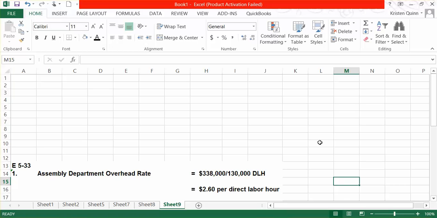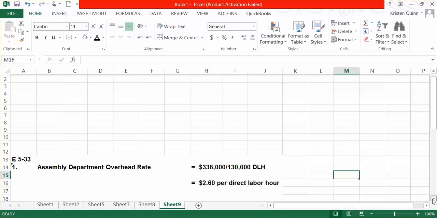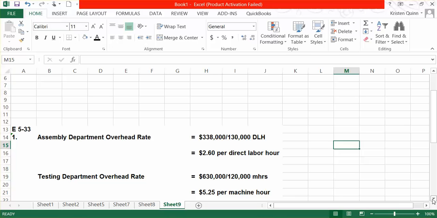We now need to do the same calculation for our second department, which is the testing department. Again, the information given to us in the problem tells us that it is based on its estimated amount of overhead of $630,000. And in the testing department, our cost driver is machine hours.